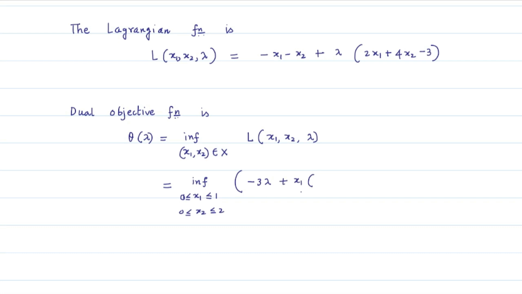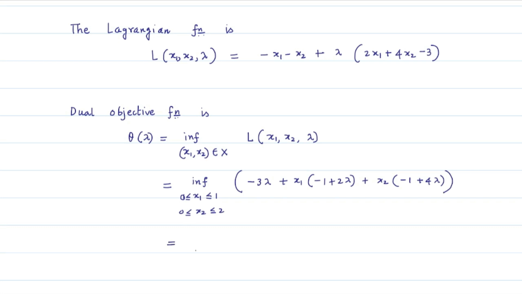coefficients of x1, which is minus 1 plus 2 lambda, plus x2 times the coefficient of x2, which is minus 1 plus 4 lambda, right?